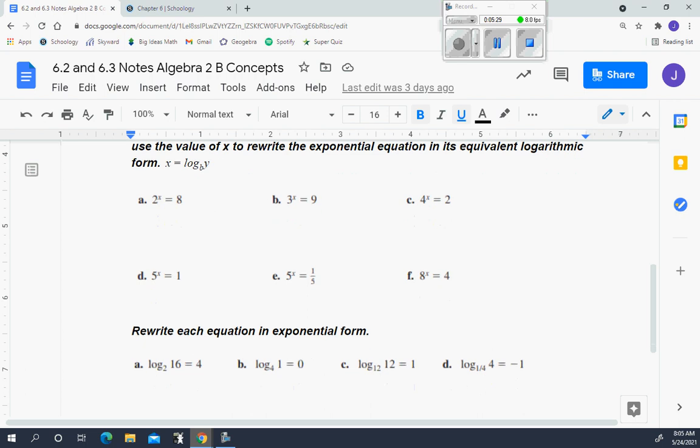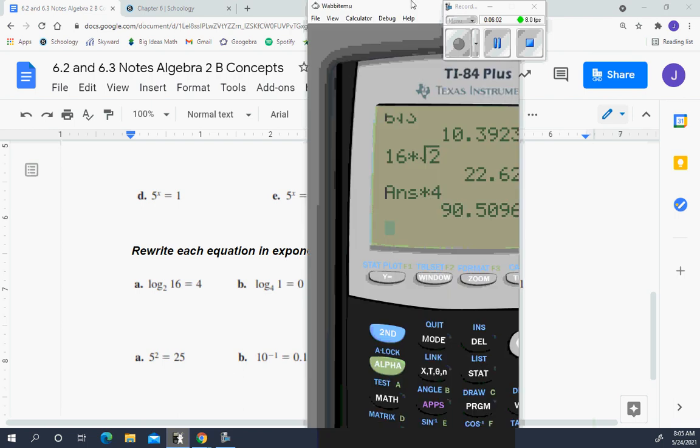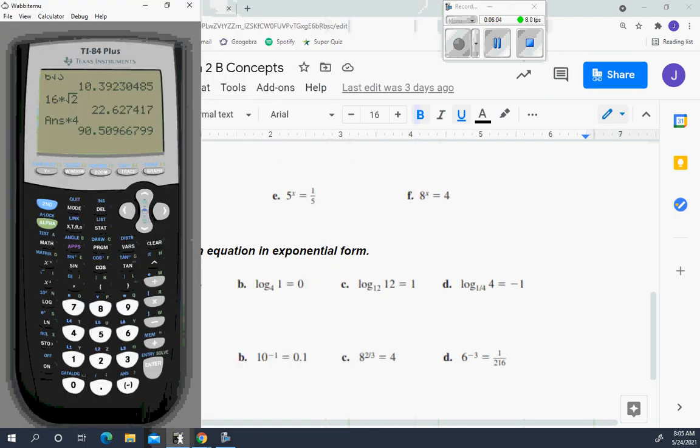Next couple. 5 to the what power equals 1? See, this is where we have to be really good at exponents. It's not 5 to the 1/5 power, although we can check our work. Let's just see. I'll open up my calculator here, see what we get. Oh, give me 1 second. I have to bring this calculator over here. There we go. Okay.